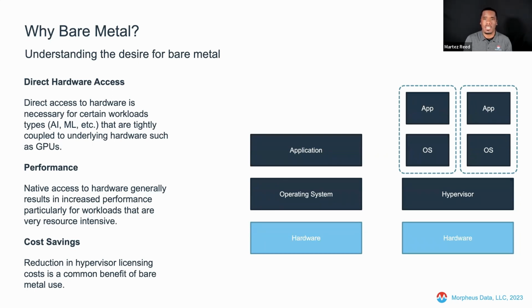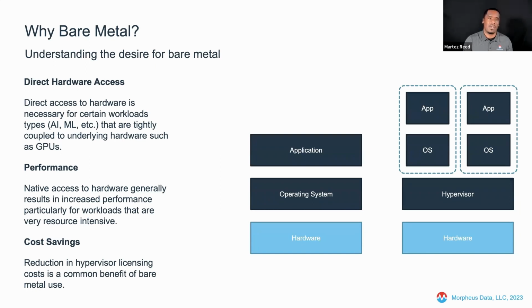Oftentimes the challenge was that interacting with the underlying server hardware on a regular basis was difficult at times, as well as cumbersome, given the scale at which an organization might be operating. Those operating at a massive scale oftentimes developed custom tooling and solutions to address some of those challenges from a hardware management standpoint.